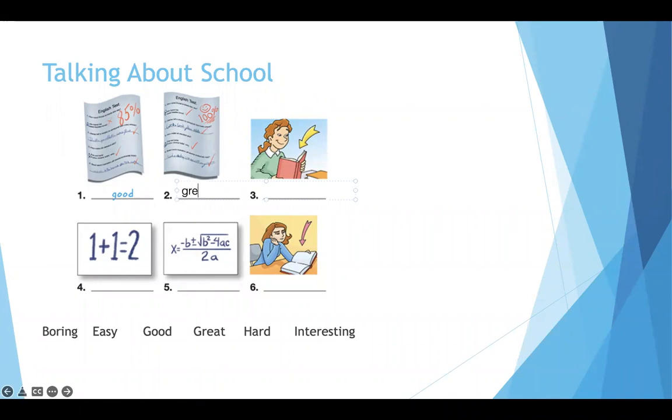This one is great. All right, number 3 shows a woman reading a book and smiling. Do you think she thinks the book is boring, easy, hard, or interesting? This one is interesting.